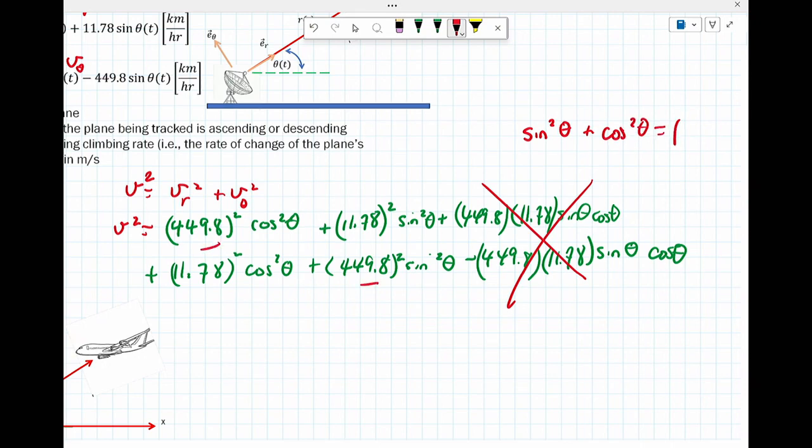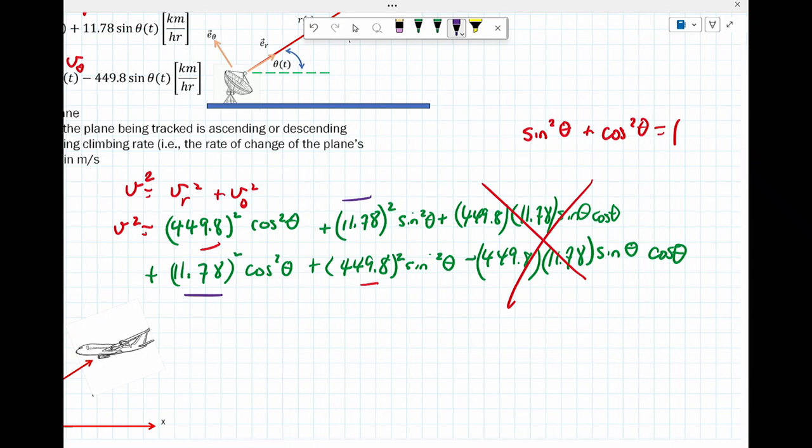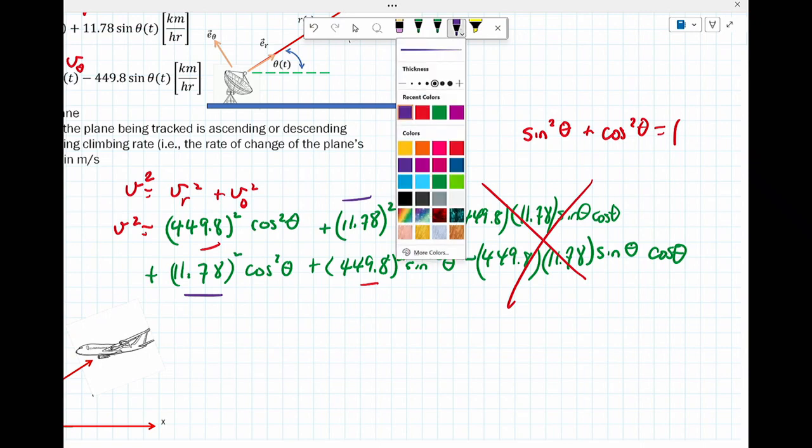So this term and this term, and this term and this term, can be rewritten as 449.8 squared times the quantity sine squared theta plus cos squared theta, plus 11.78 squared times the quantity sine squared theta plus cos squared theta. Okay, so again, it's good to be the one in charge of choosing the numbers.